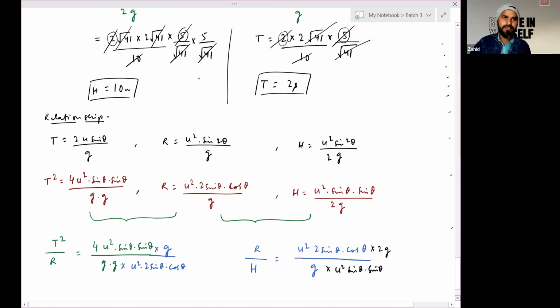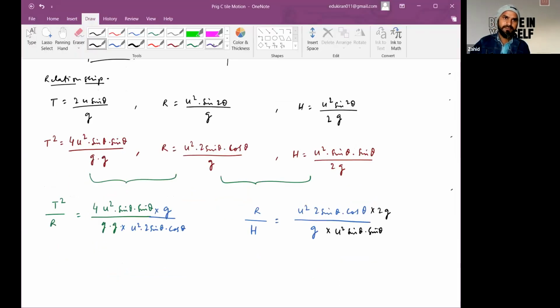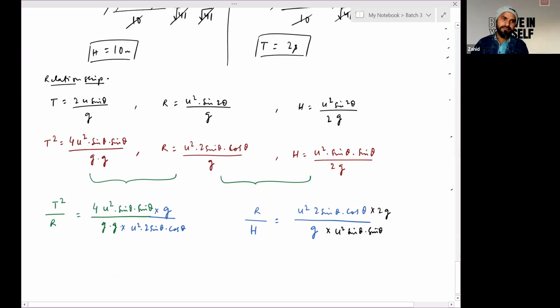On simplifying the first part, gravity will cancel out, sine theta will cancel out, u square will cancel out, and 2 times 2 will be 4.